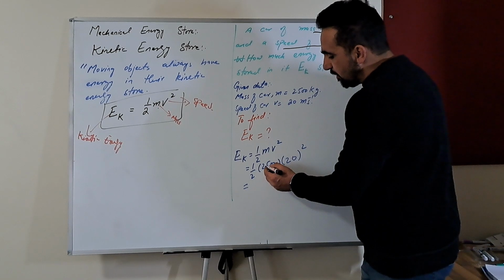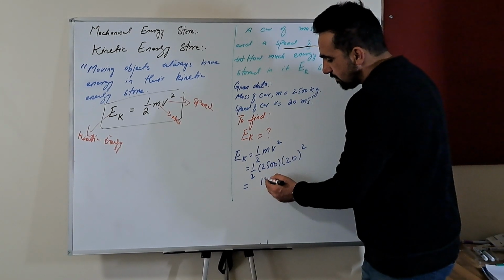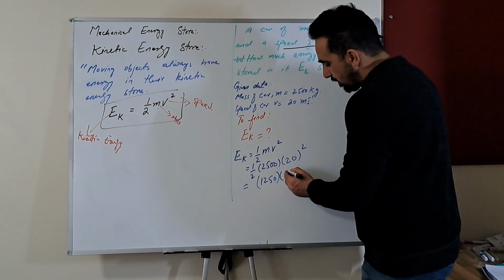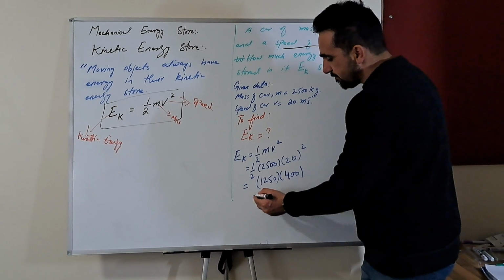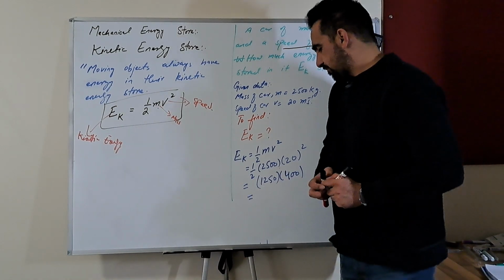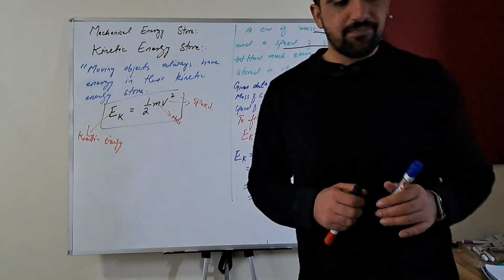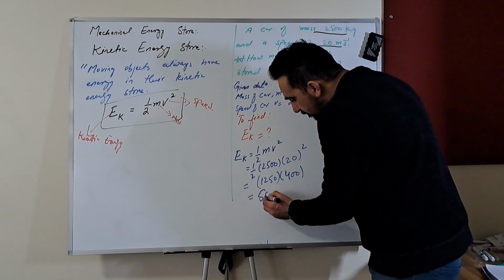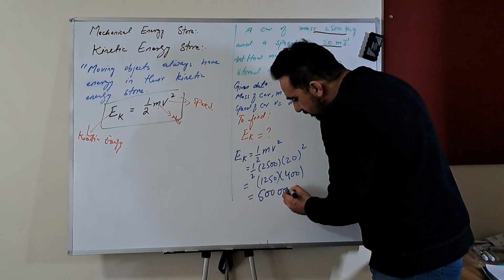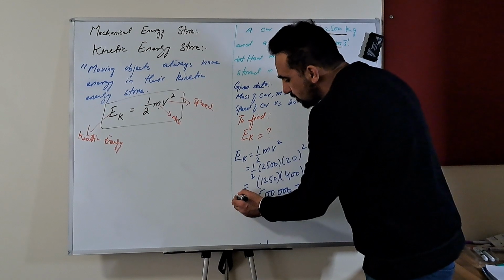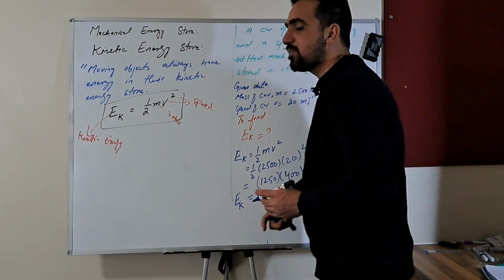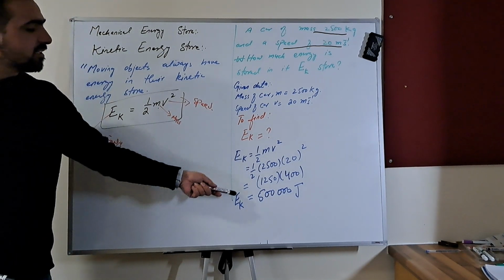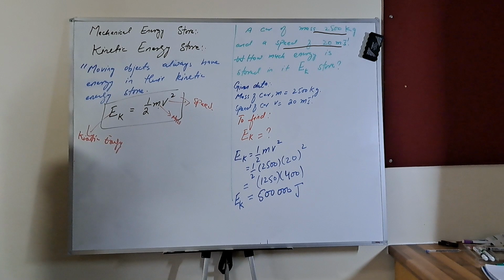So this will become equal to... 20 squared is 400, and if you multiply these two terms you will get the energy of 500,000 joules. Joule is the unit of energy. In System International, joule is the unit of energy and kinetic energy will be 500,000 joule.